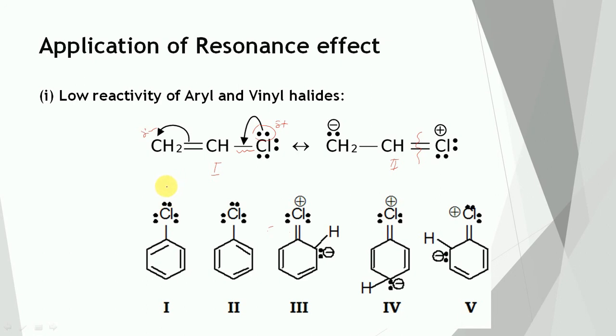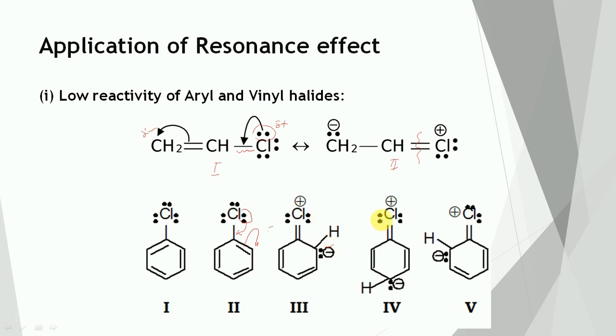Similarly, in the case of aryl halide, these are the various resonating structures: structure number 1 and structure number 2. If this lone pair takes part in pi bond formation, then this carbon and Cl acquire partial positive charge. At the same time this pi bond shifts toward this side, and this carbon acquires negative charge.